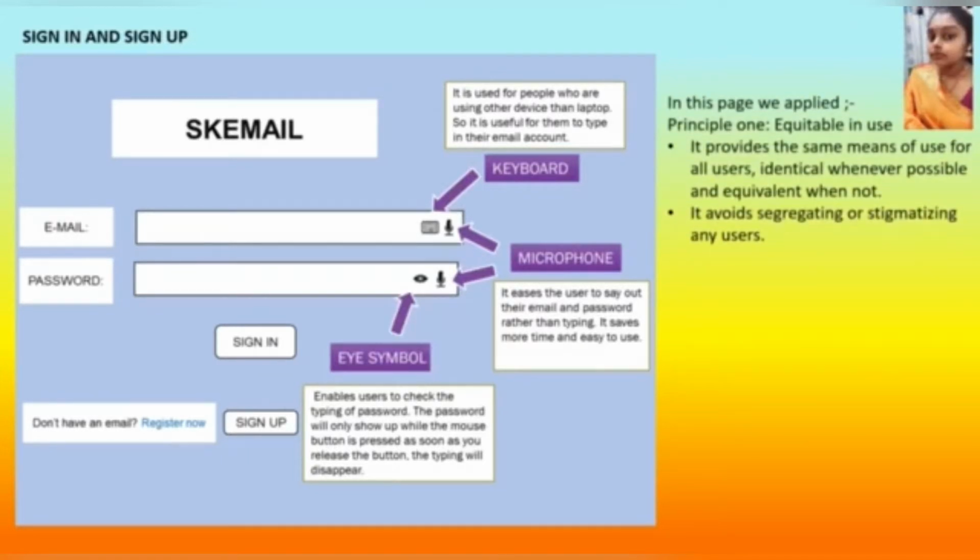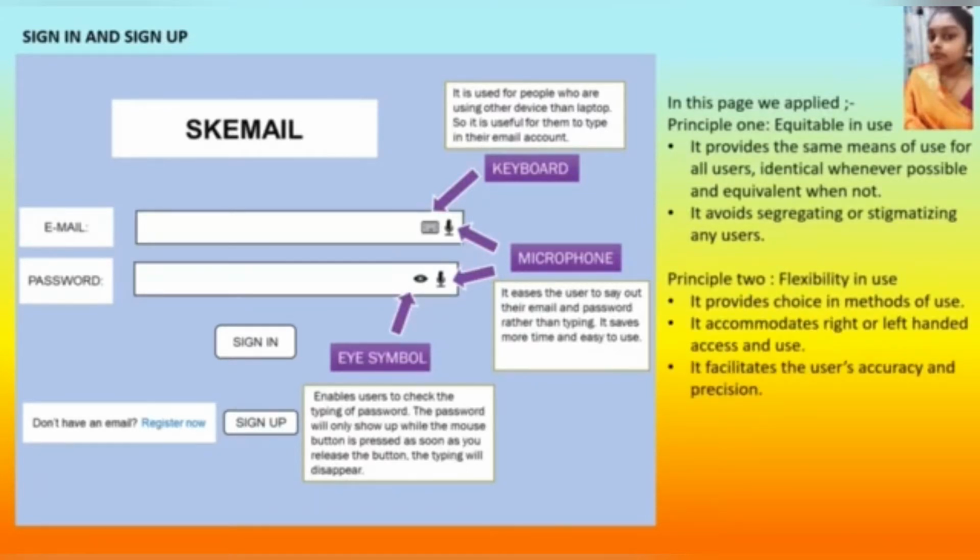Okay, so in this page we apply principle 1, equitable use, which provides the same means of use for all users, identical whenever possible and equivalent when not. It avoids segregating and stigmatizing any users. Then, principle 2, flexibility in use. It provides choice in method of use.